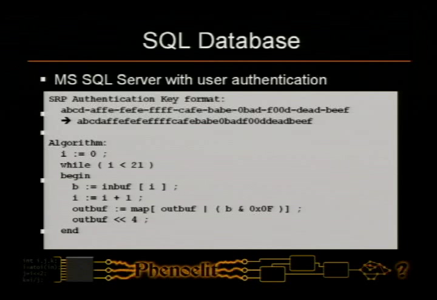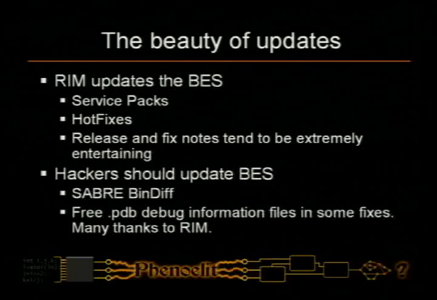Once you got the SRP authentication key, and this is how it looks, I told you it looks like a CD key, this is the transform that you need to do before using it in decrypting traffic. There's one very nice thing about the updates that RIM rolls out for the enterprise server. If you get an enterprise server in a default installation, release version, it of course doesn't have any symbols.